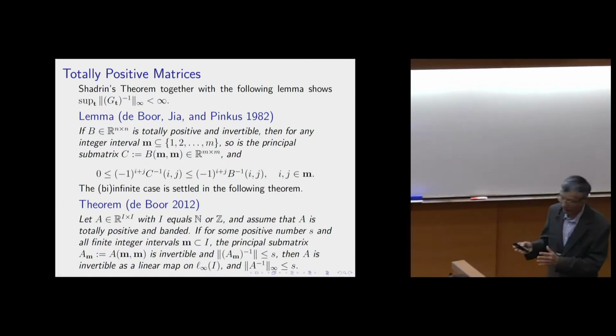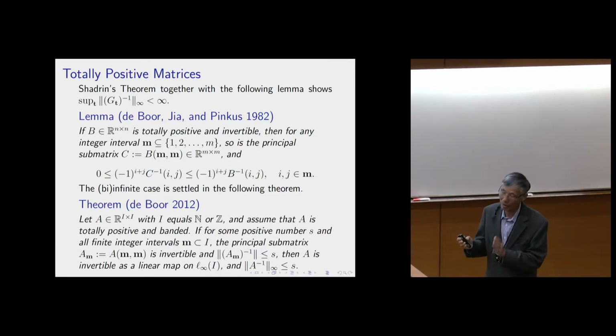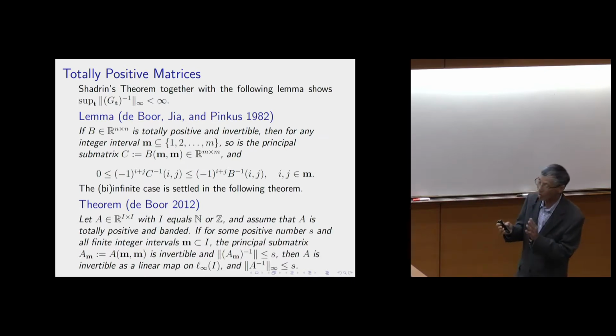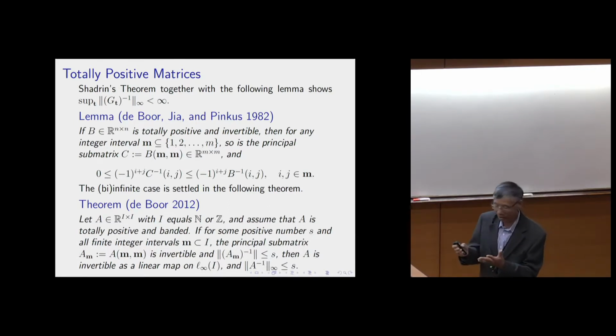Then we would like to know whether it is bounded when the finite sections are bounded. For an infinite matrix, it's hard even to define a principal section. Whether the sections, those submatrices, are all bounded: this is one direction. Another direction is, suppose the finite subsections are uniformly bounded, whether the infinite matrix is bounded.